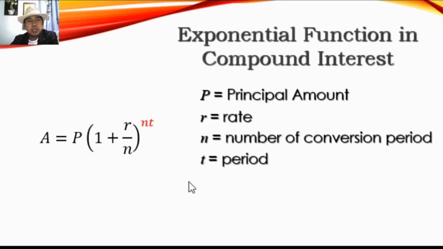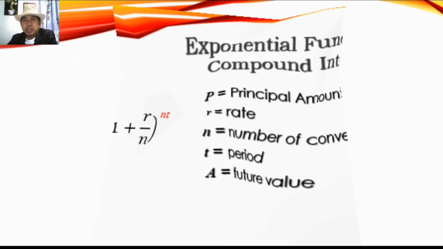Next, t stands for time or period, or the length of the interest. And A is the future value or the final amount. So that is the working equation for the compound interest.